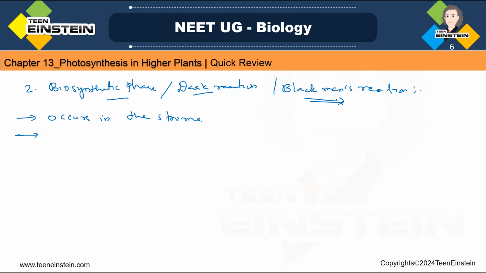There is no direct light dependent process in the dark reaction. From the name itself you can make it out: dark reaction means there are no directly light dependent events. But it is dependent on the products of the light reaction.